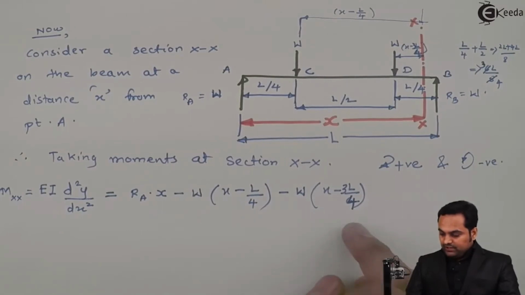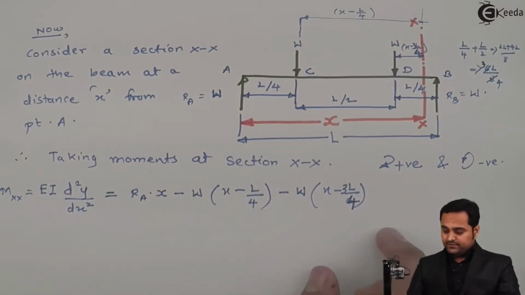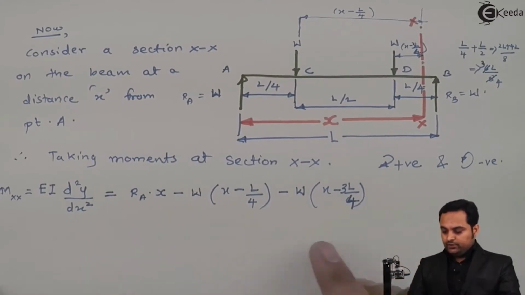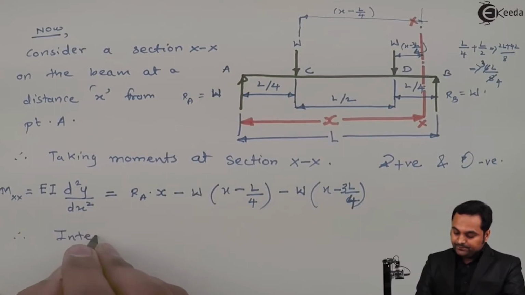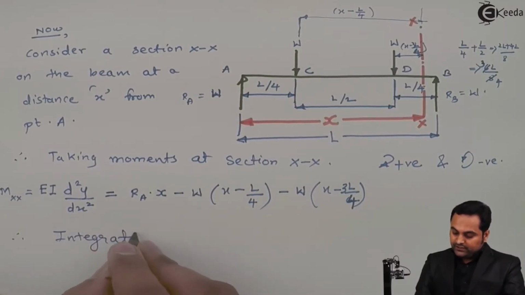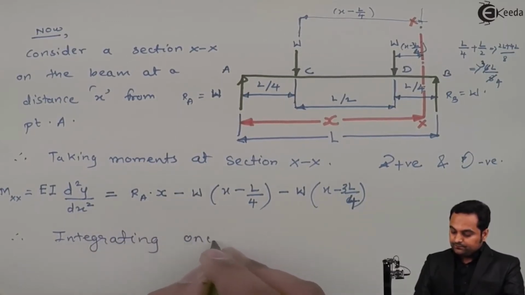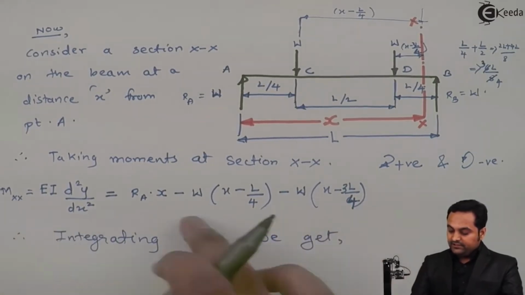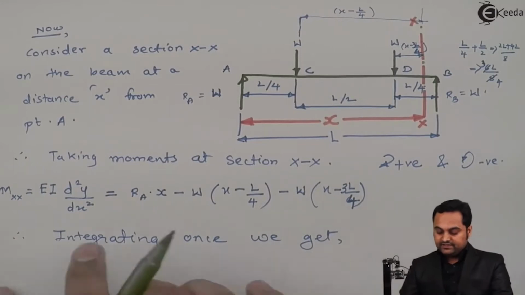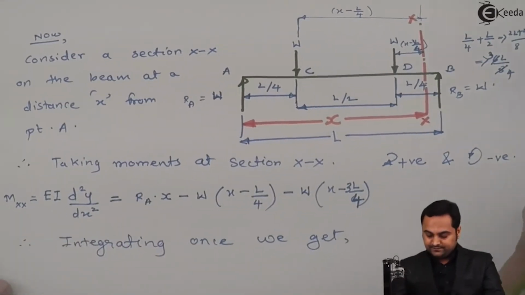Now, after reaching up till this stage, I have taken the moments. Since we are solving it by Macaulay's method, also called the double integration method, we need to equate this. So therefore, integrating once, we get, EI will remain as it is.